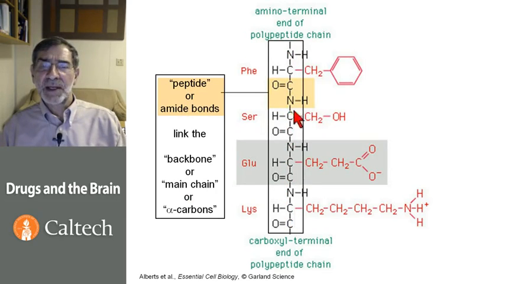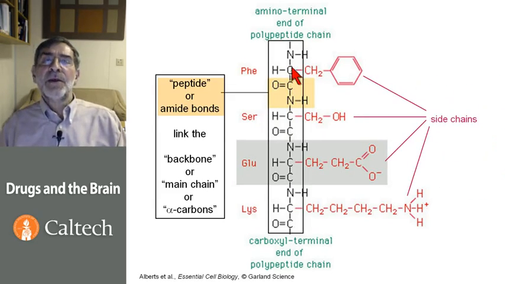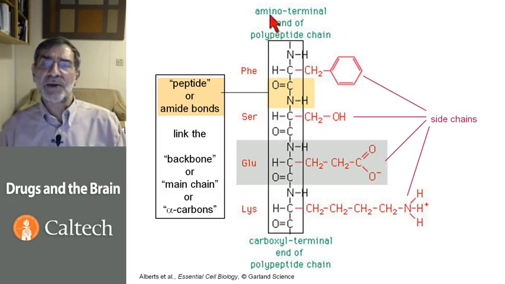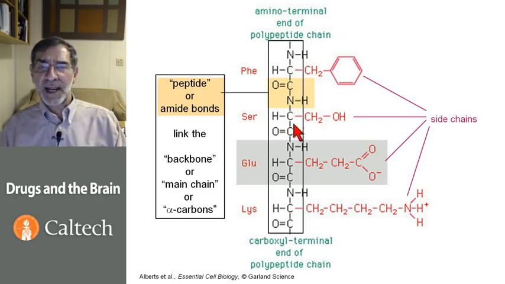Here's an alpha carbon, here's an alpha carbon, here's an alpha carbon, and every protein has a series of these amide bonds and a series of alpha carbons. The reason that we begin with the N terminal and then go to the C terminal is that that's how the cell makes the protein. First the N terminal, then adds other amino acid residues onto the C terminal.